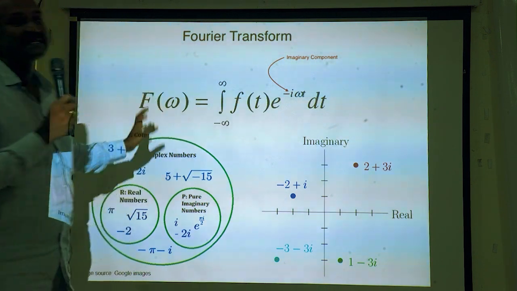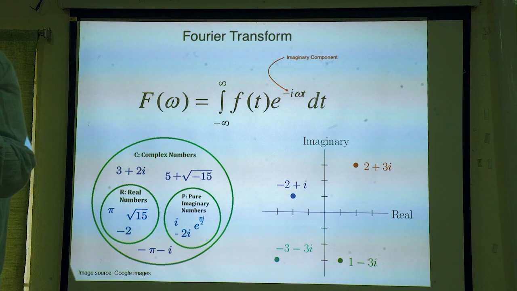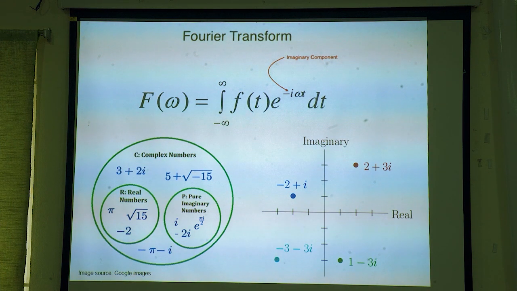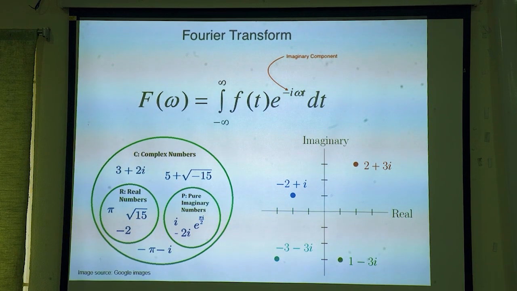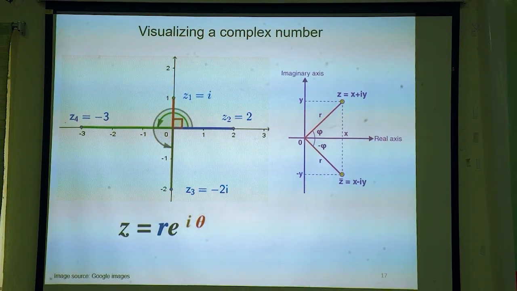What frequencies are there in that noise? You have to obtain those frequencies using the Fourier transform. But the Fourier transform will give you F of omega, which is complex. Why is it complex? What does it mean? You can easily understand the kind of concept I am giving. We will see that. What is the Fourier transform?